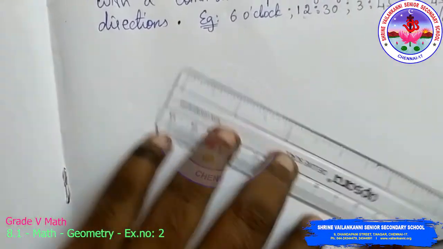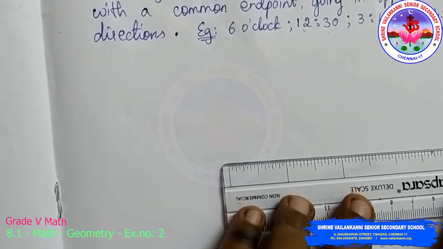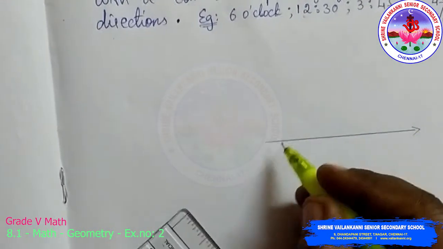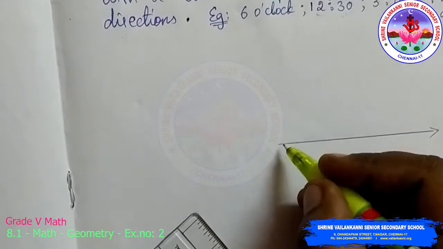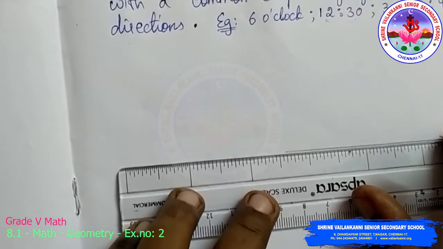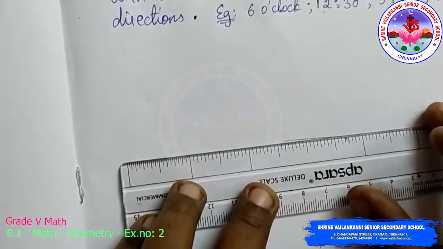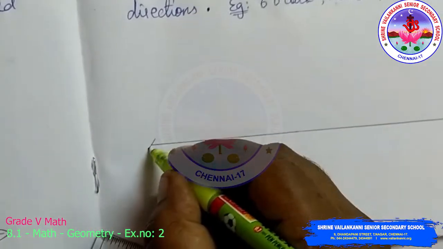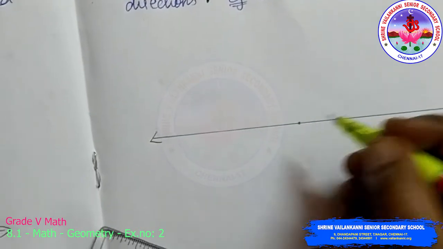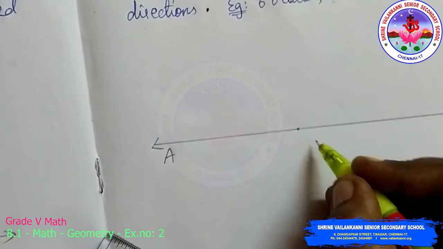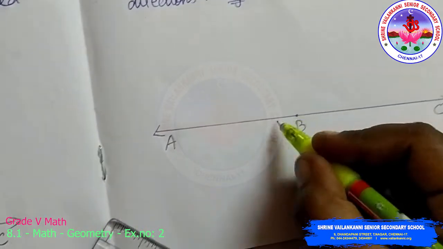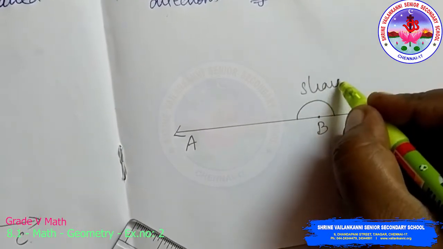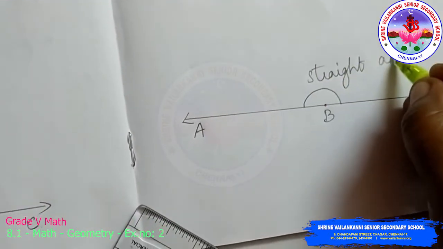I'll just show you in the drawing figure. See, this is one arm. This is the other arm. So here A, B, C. The angle formed by the two arms is said to be a straight angle.